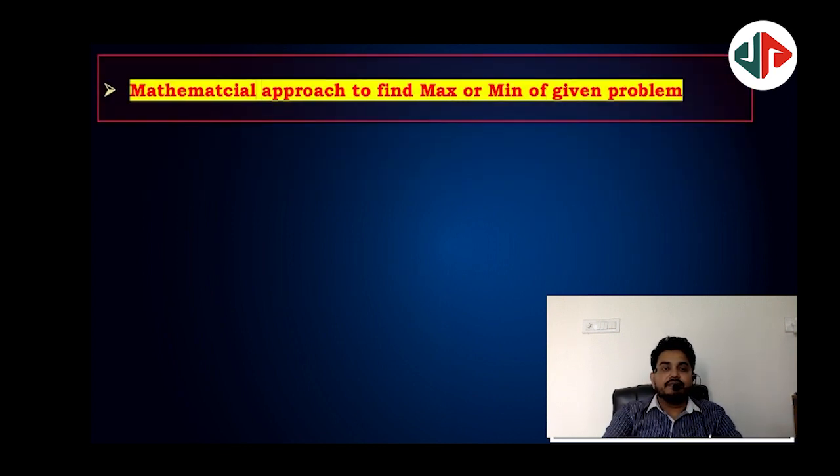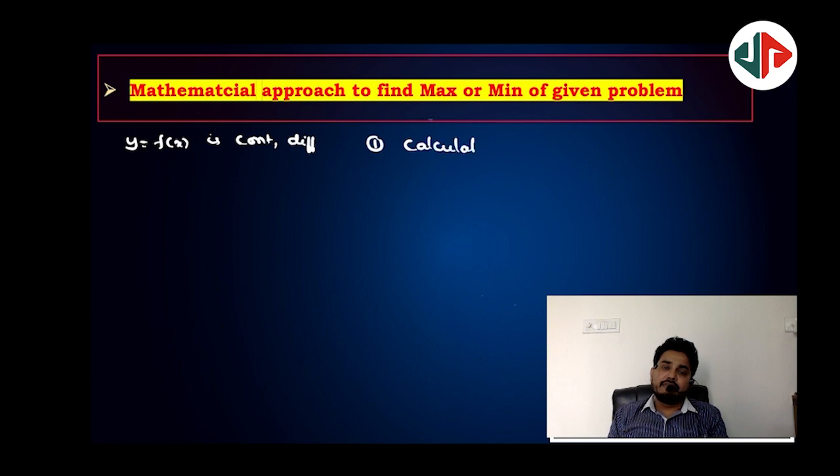Next, how are we going to find the maxima and minima of a given function? What is the approach? If y is equal to f of x is continuous and differentiable, first we need to calculate f dash of x. Second step, find x is equal to alpha such that f dash of alpha is equal to 0.